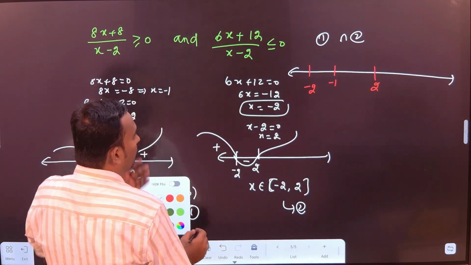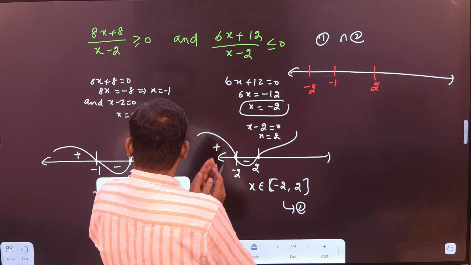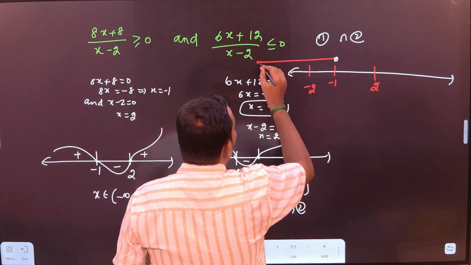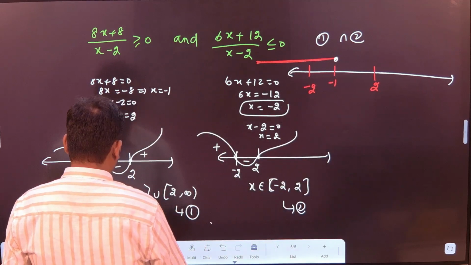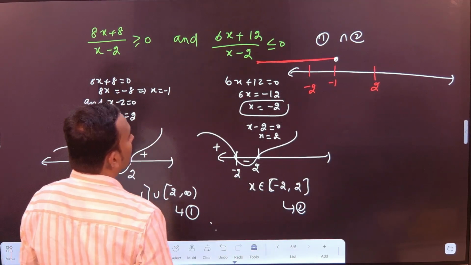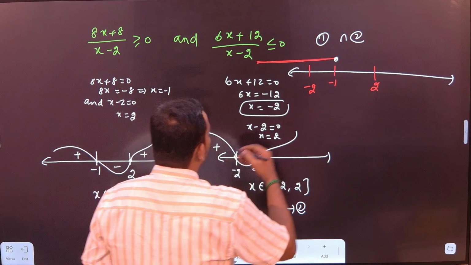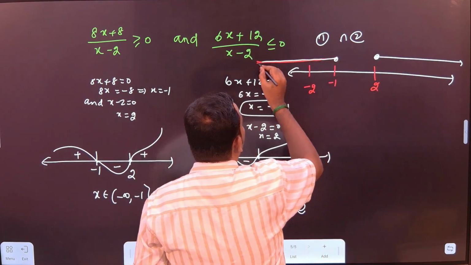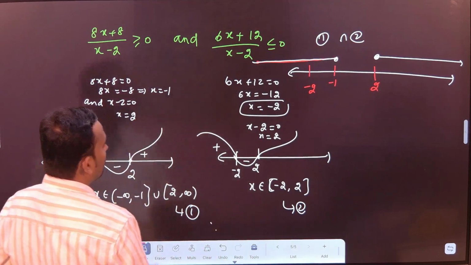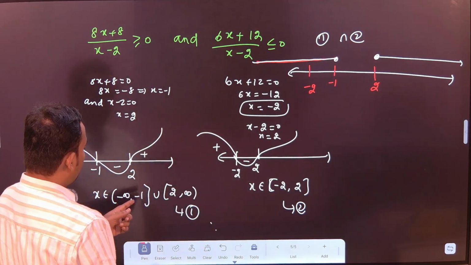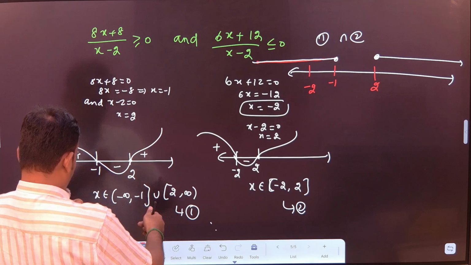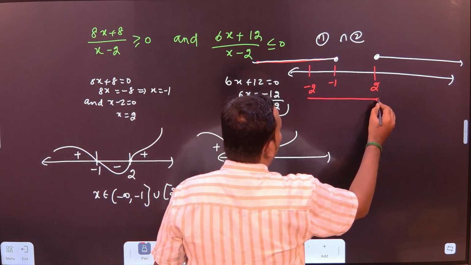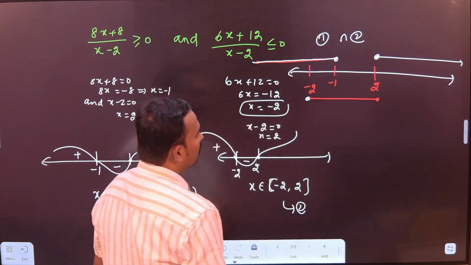Now, what is the situation here? Minus infinity to minus 1, right? Then 2 to infinity. You can take this, right? First one, minus infinity to minus 1, 2 to infinity. The second one, what is that? Minus 2 to 2, right?